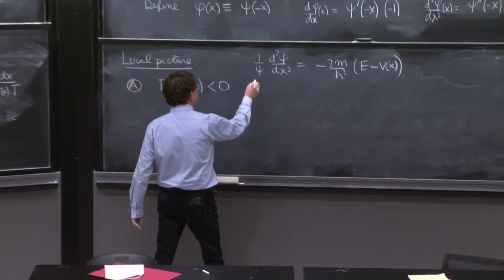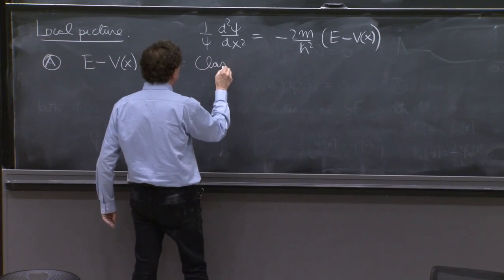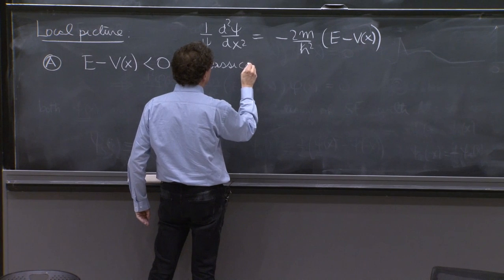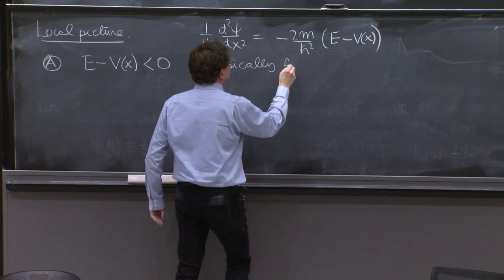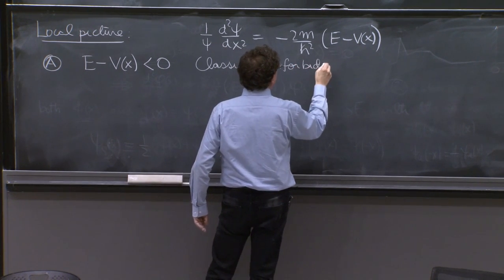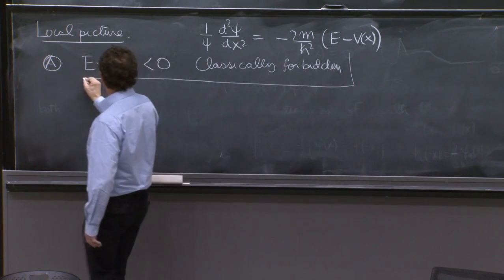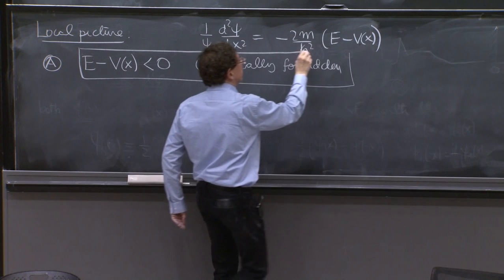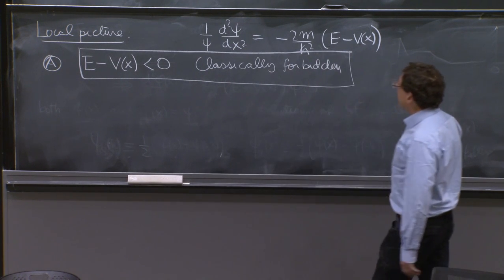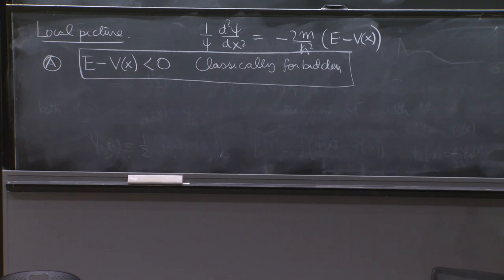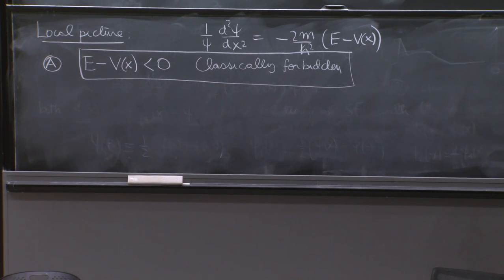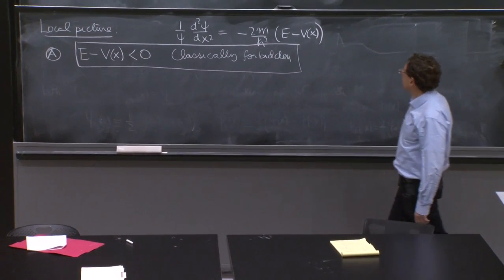So it's classically forbidden, not quantum mechanically forbidden, but classically forbidden. What is the main thing about this classically forbidden region is that the right-hand side of this equation is positive.